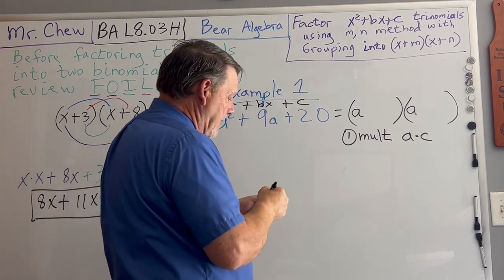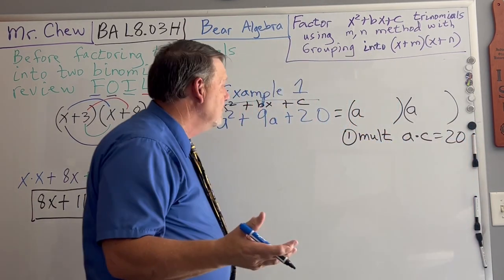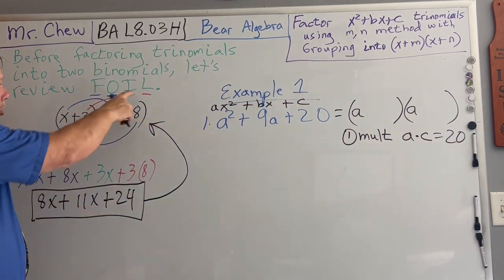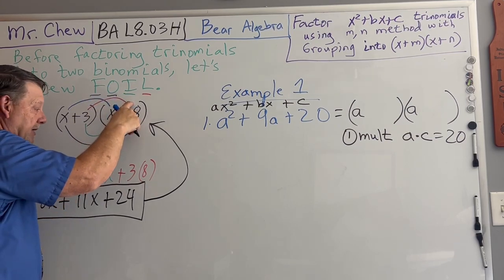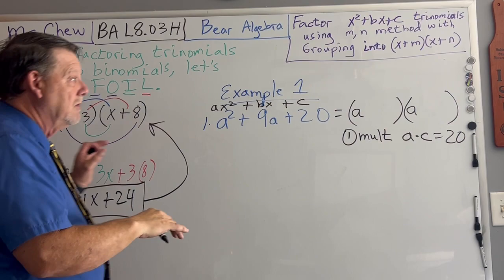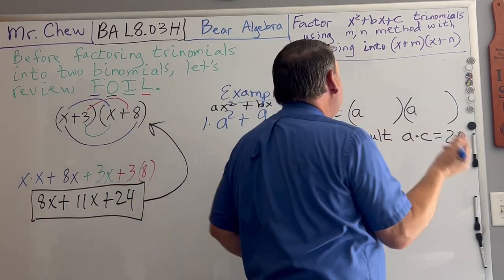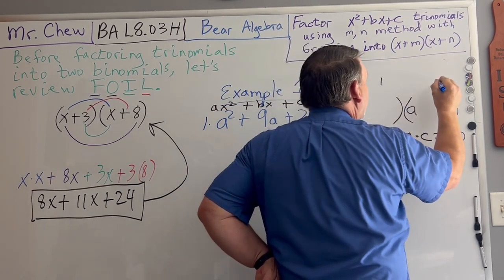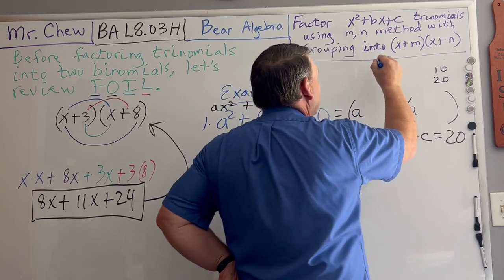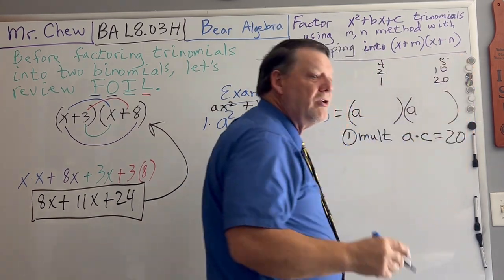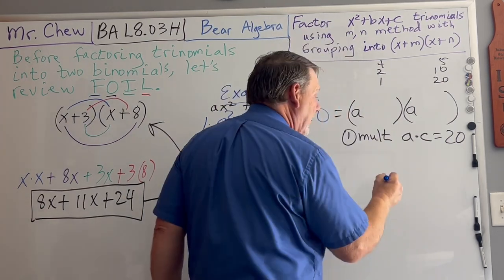So I know that AC in this case is going to be 20. Because on our last one, it's 3 times 8 whenever you multiply these two. So it's going to have to give me 20. When I did this, I did 1 times 20, 2 times 10, 4 times 5, and I just had to keep guessing and checking until I got it. I'm going to teach you an organized way to do that.